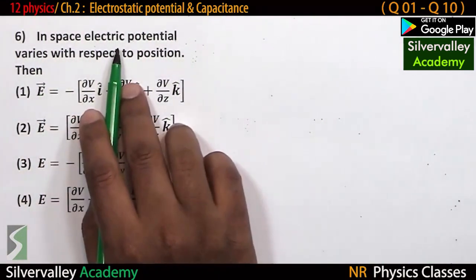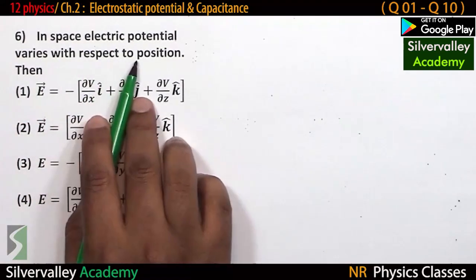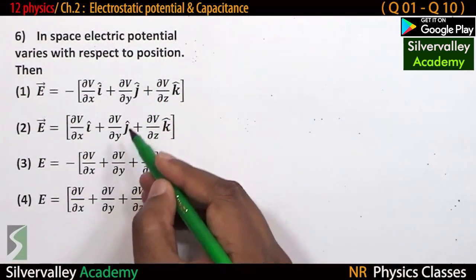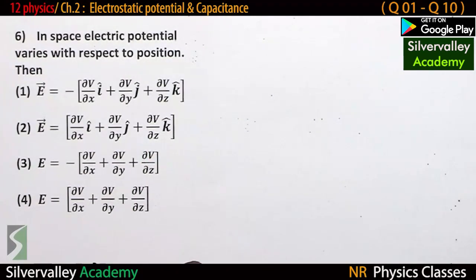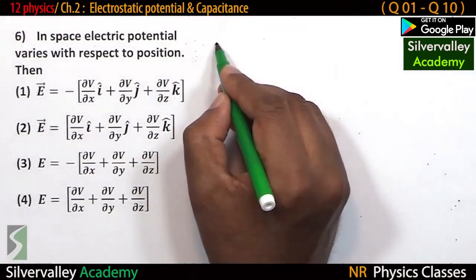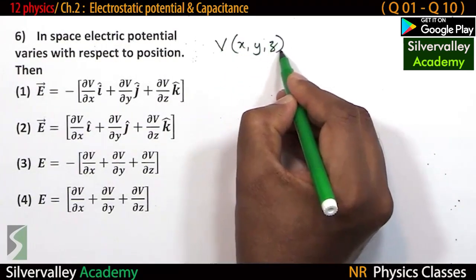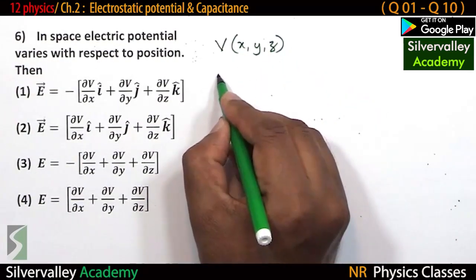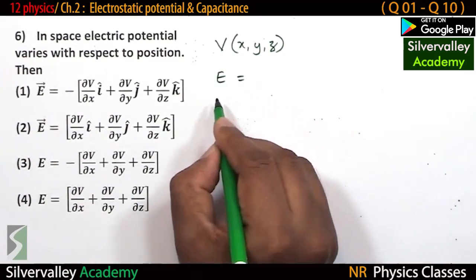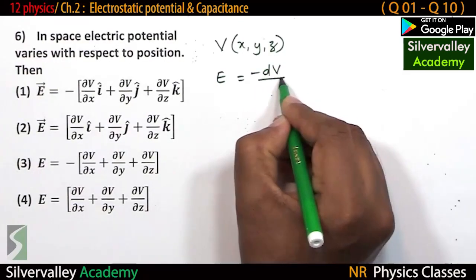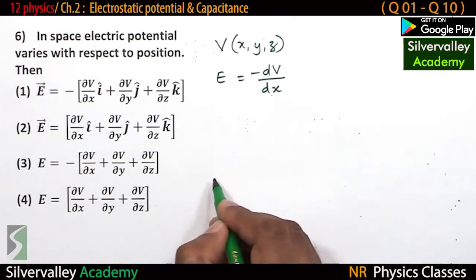In space, electric potential varies with respect to position. Observe i, j, k. In space means potential is a function of x, y, z. If potential varies only along the x-axis, then we can write minus dV by dx.